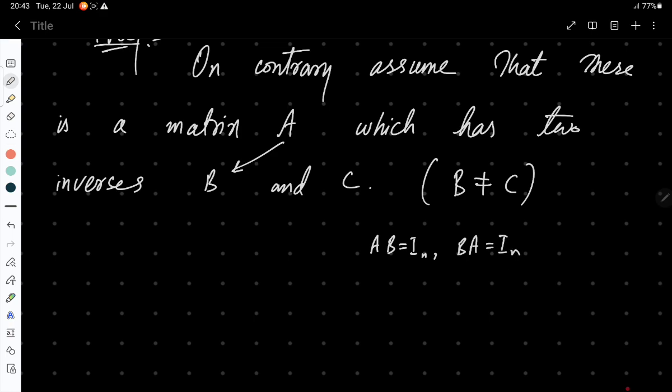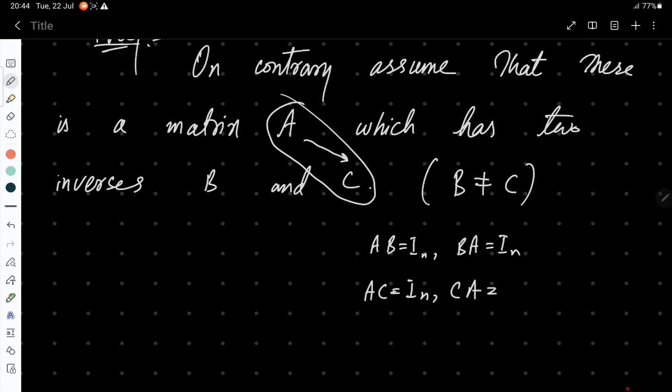Similarly, if the inverse of A is C, then applying the definition of the inverse, I get A times C is identity. Similarly, C times A is again identity.